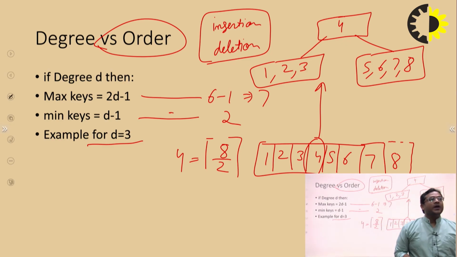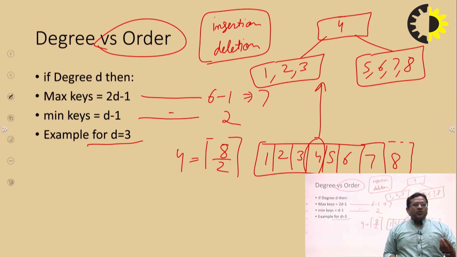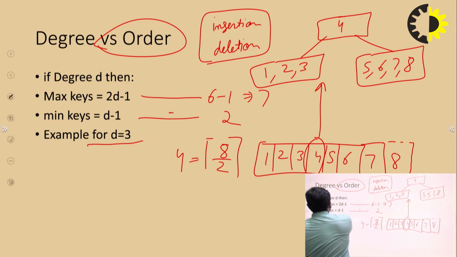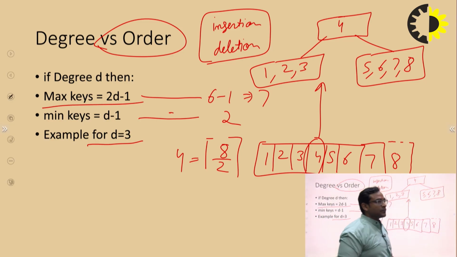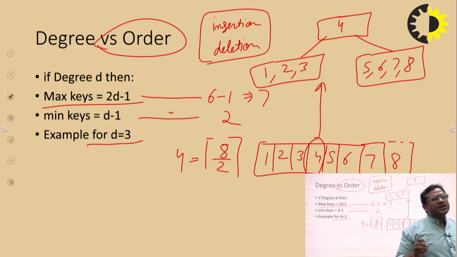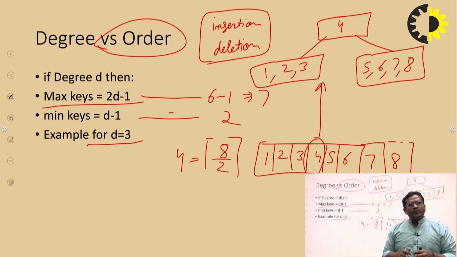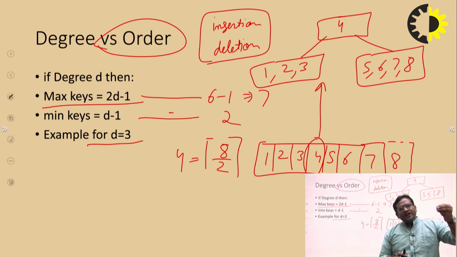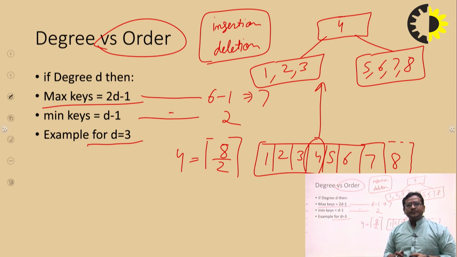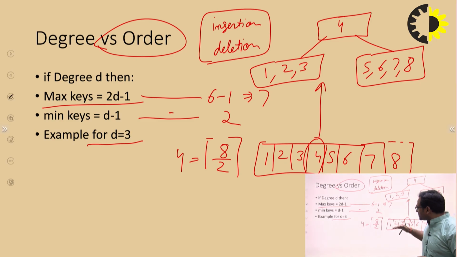So whenever you are inserting an element, you must focus on the maximum key, because there is no need to focus on the minimum key. Minimum key is basically followed, but it is not followed for the root level. Whenever you insert an element into a node that already has the maximum keys, it should break.